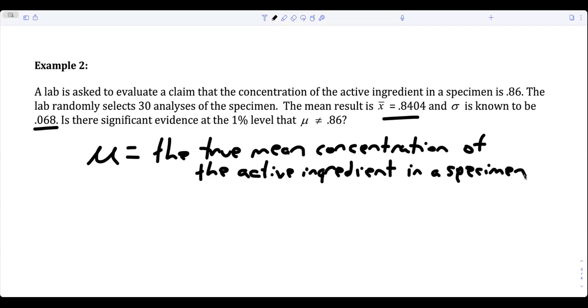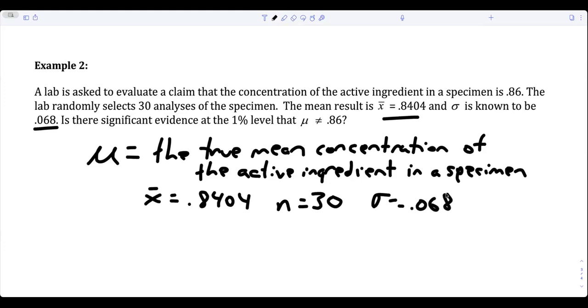And I'm going to write down some things that I know. So I've got x bar, 0.8404. My sample size is 30. And sigma is known to be 0.068. So my null hypothesis, I've got to have a mu in there because this is a one sample z-test for means.